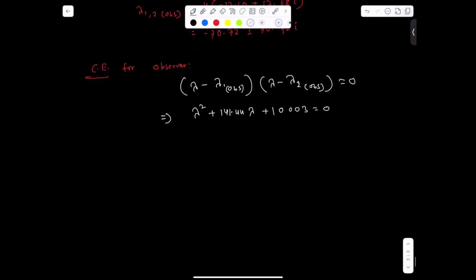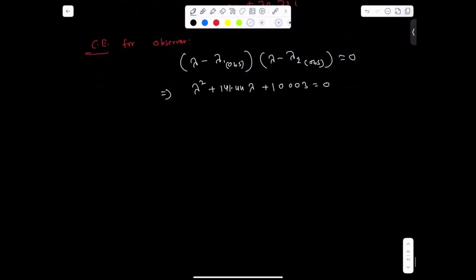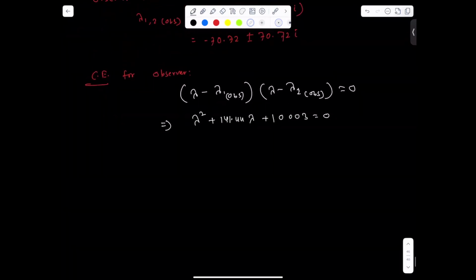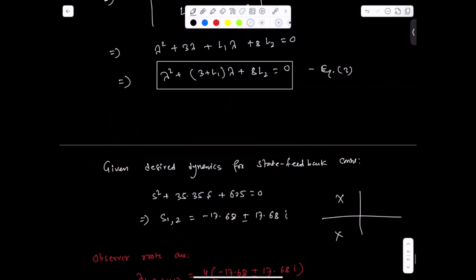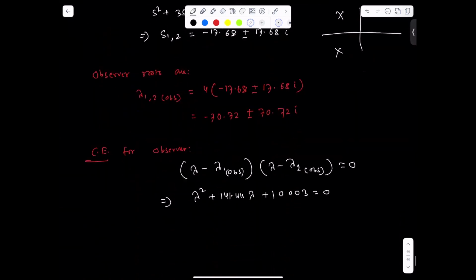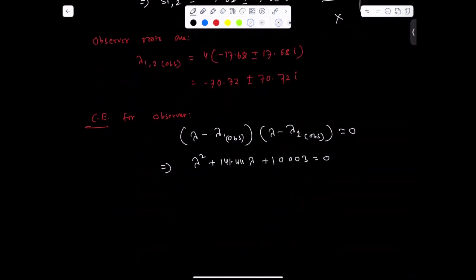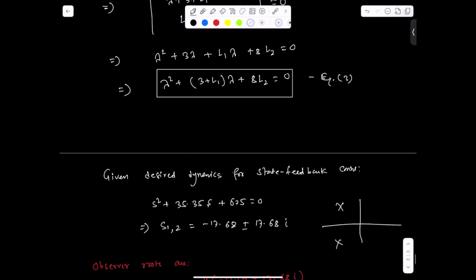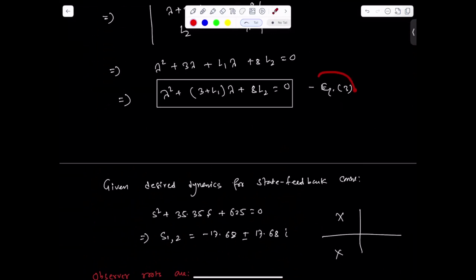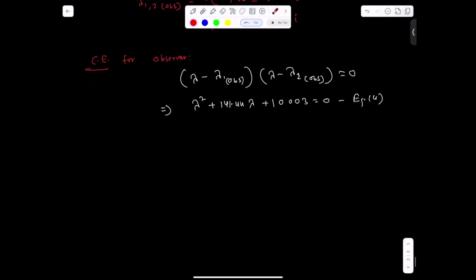So now what we'll do is, this is equation 4. Now we'll compare equation 4 and equation 3 to get the values of L1 and L2. Right. So both the characteristic equations we have.